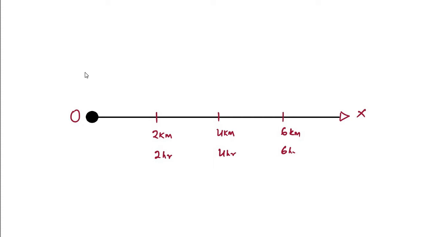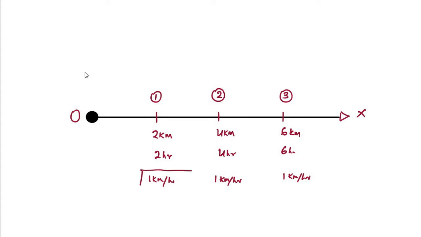In the first 2 hours, displacement is 2 kilometers, and velocity during this interval is 1 kilometer per hour, displacement by time, 2 kilometers by 2 hours. In the second time slot, it is again 4 by 4, total displacement 4 by total time 4, 1 kilometer per hour. Again here it is 6 kilometers by 6 hours, 1 kilometer per hour.